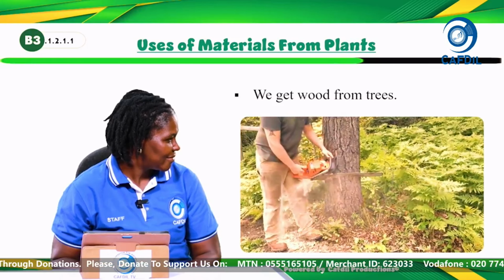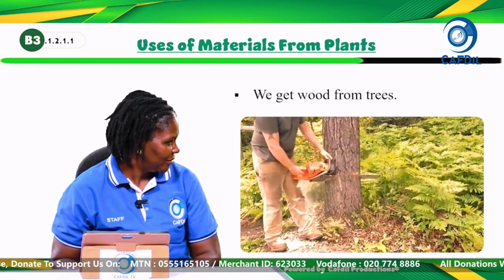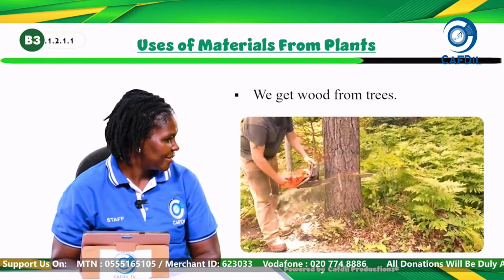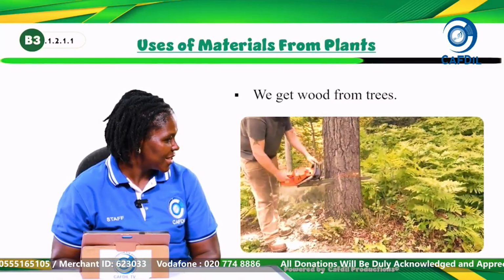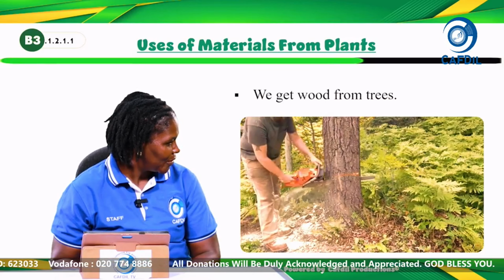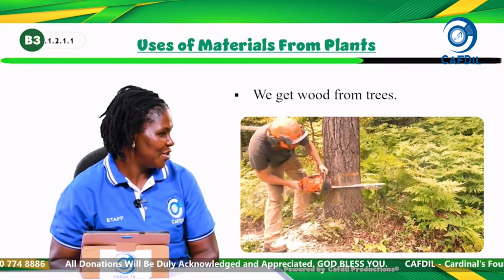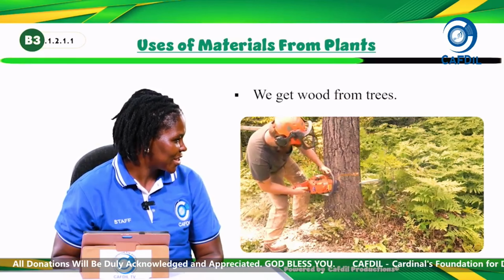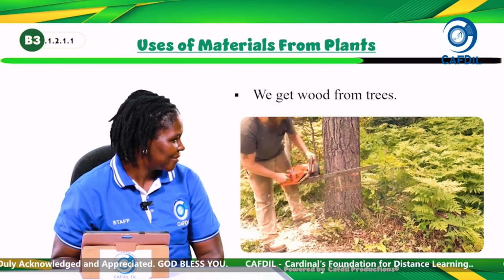Yes. The machine is called a chainsaw, and he is cutting this tree down. So let's look at how they cut the tree down and what happens next. Everybody watch how the man is cutting the tree.